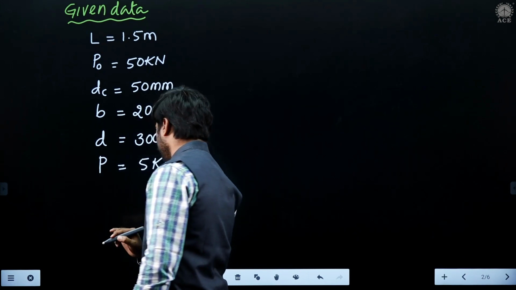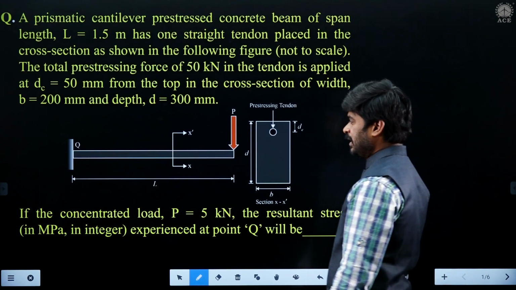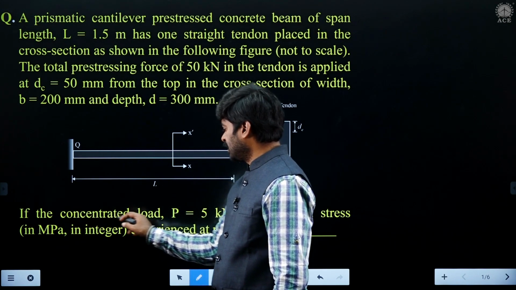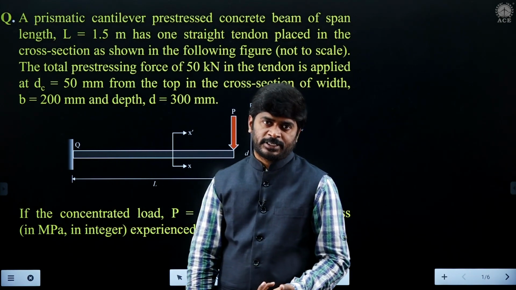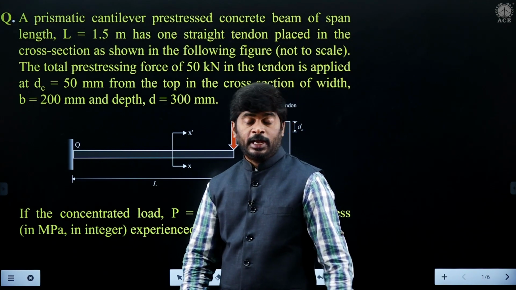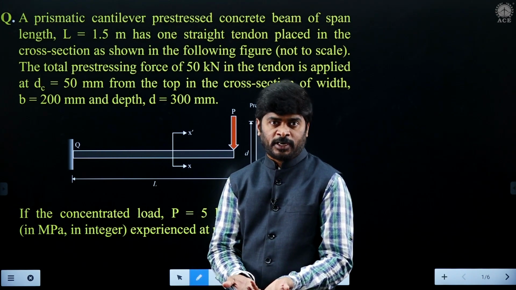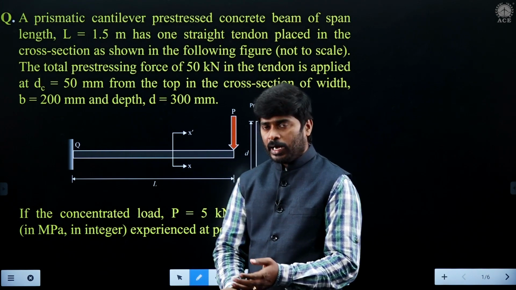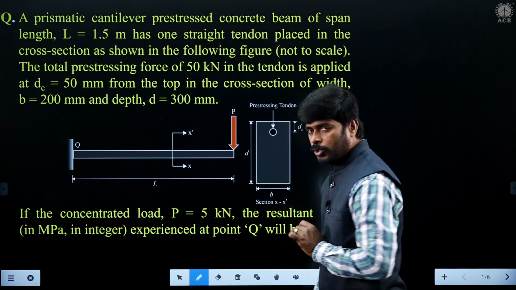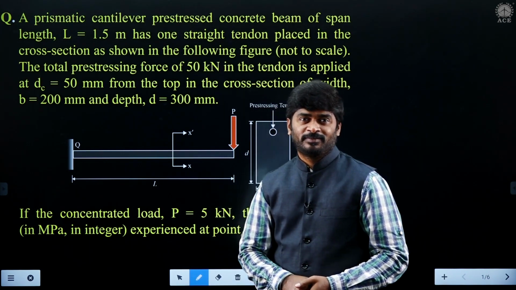Okay, here a small clarity is missing in the question. Simply it is given concentrated load. Instead of concentrated load, if it is given total concentrated load, then we easily understand that it includes the self weight of the beam.